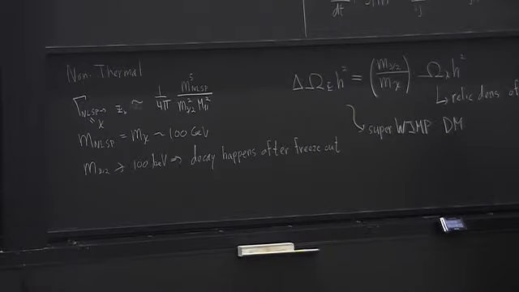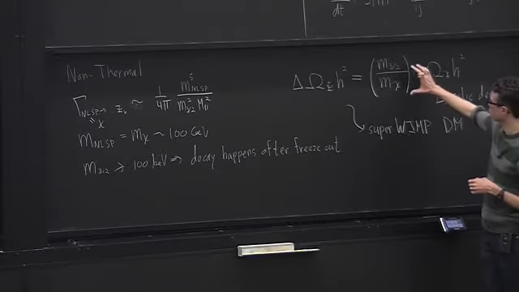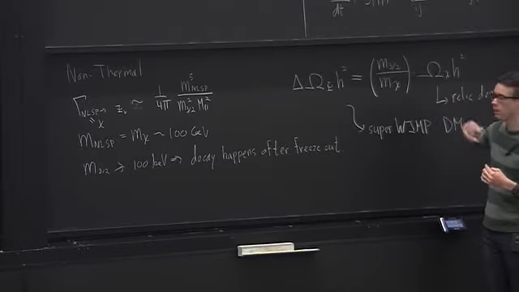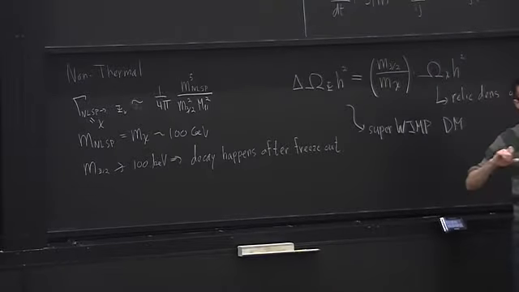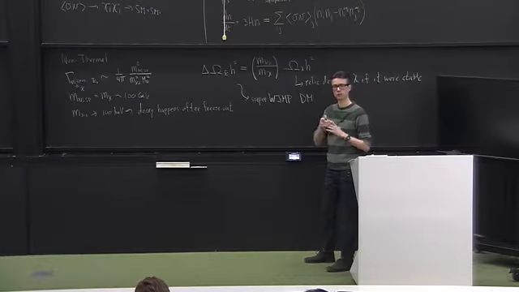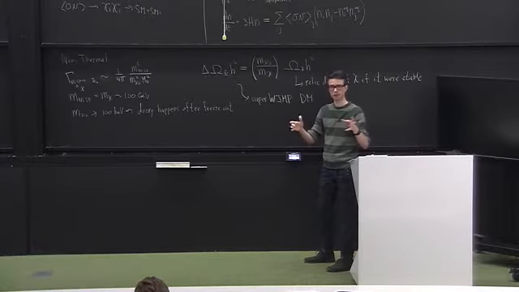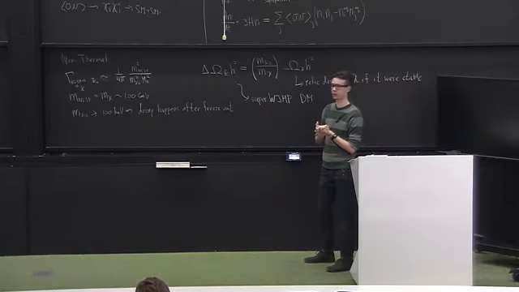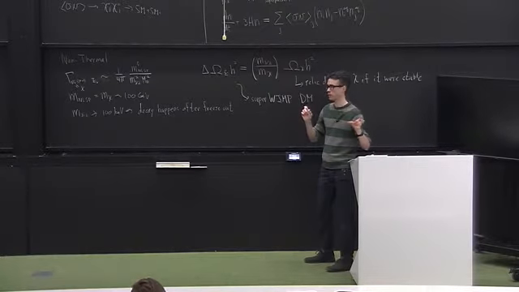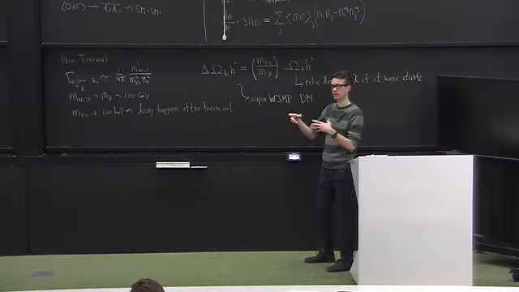Now, there's also a problem with this, though. And the problem with this is that when these masses aren't too different and you get about the right value, it turns out that these decays happen just after the start of nucleosynthesis. So nucleosynthesis is a period in the early universe where you go from free protons and neutrons, and they come together and form light elements. And you can compare the predictions from nucleosynthesis to the light element abundances you actually measure in the universe. And the predictions match very well with the observations. So this means that if there are new processes that mess up those light element abundances, you're in trouble, because this would change the prediction versus observation.